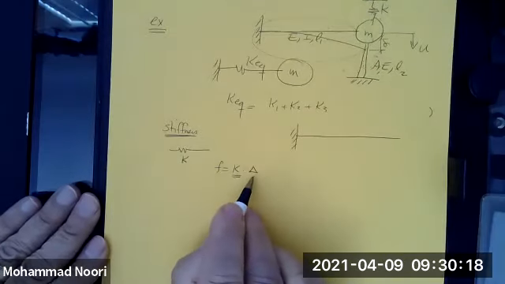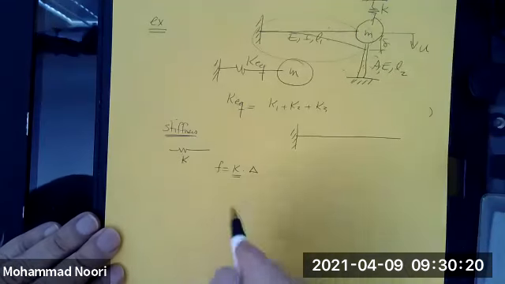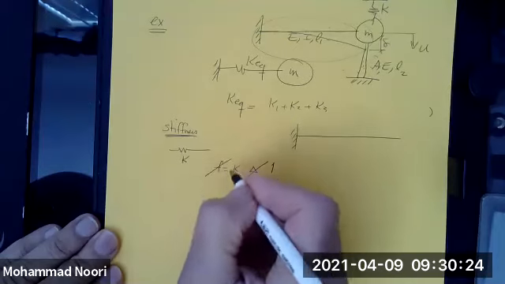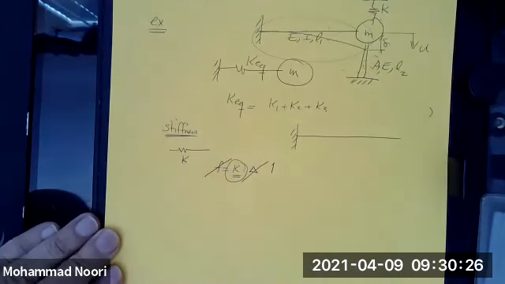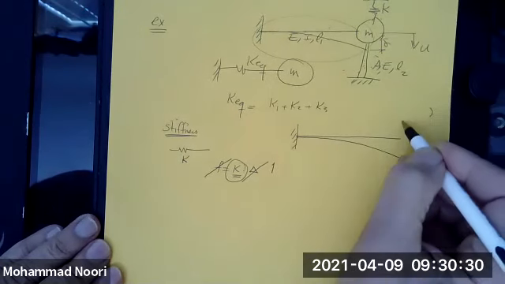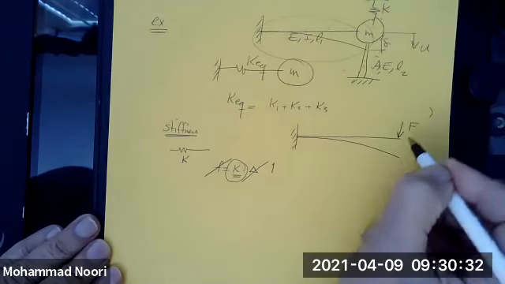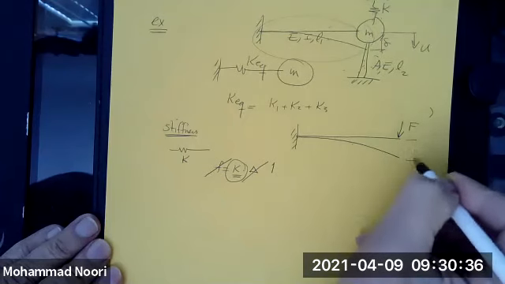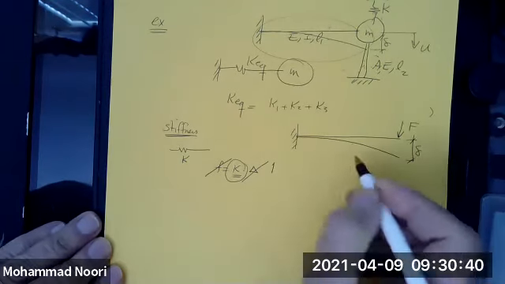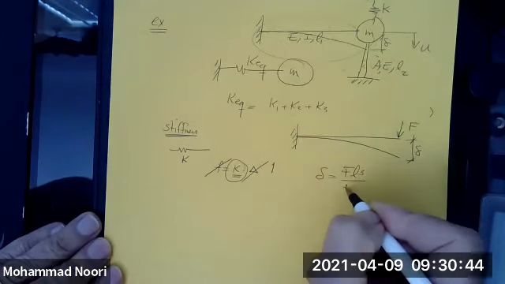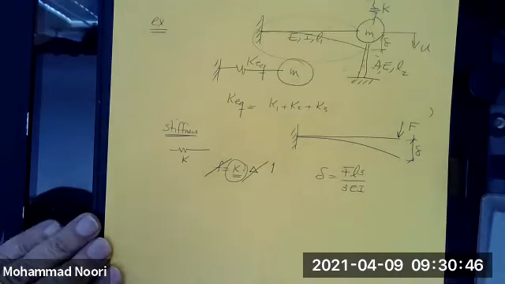F is K times delta, which means if delta is 1, this will become the stiffness, right? So if you have a beam, you want to find its stiffness. In other words, this force is causing a deformation delta. What is that delta? That is FL cubed over 3EI, right?